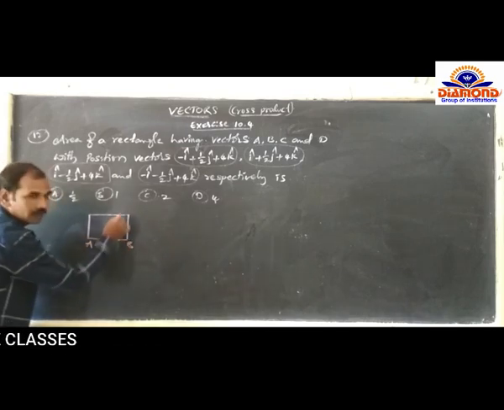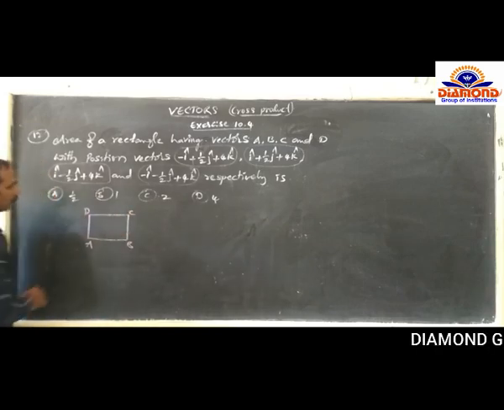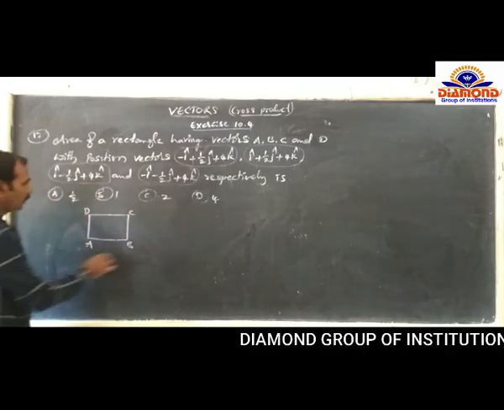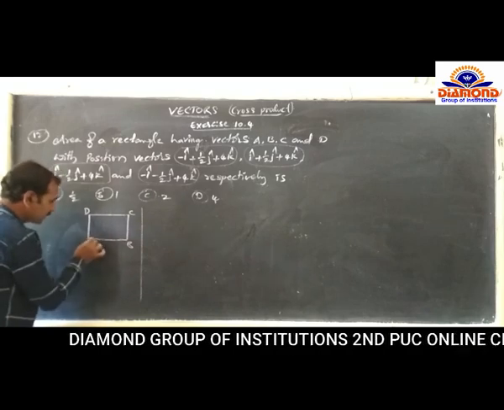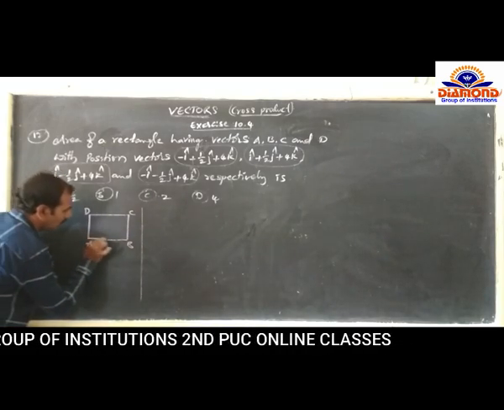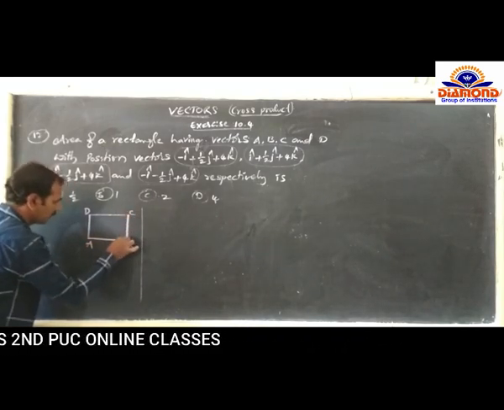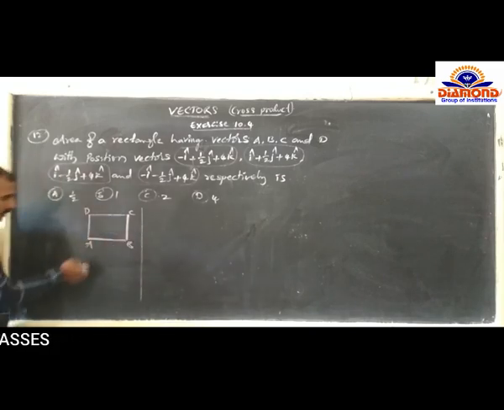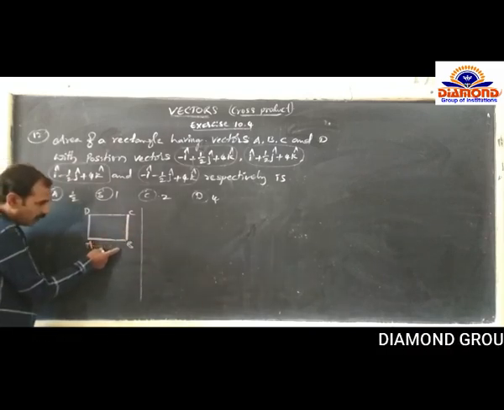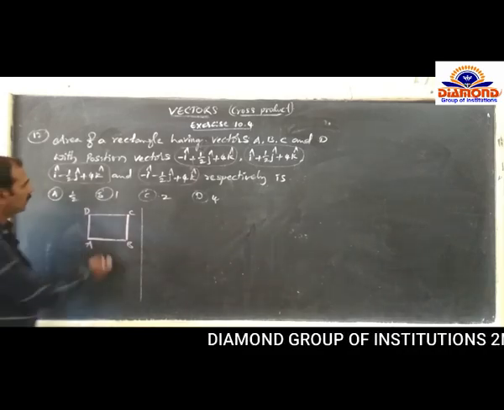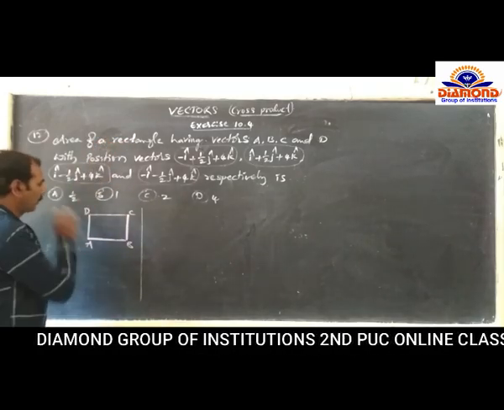A, B, C, D. First of all, the adjacent sides here are AB and BC, these both are adjacent sides. The cross product is AB cross BC. Then we get the area.